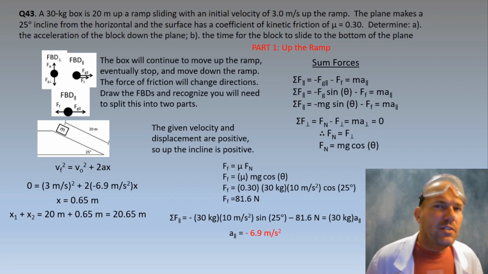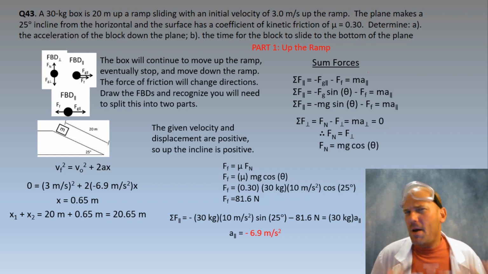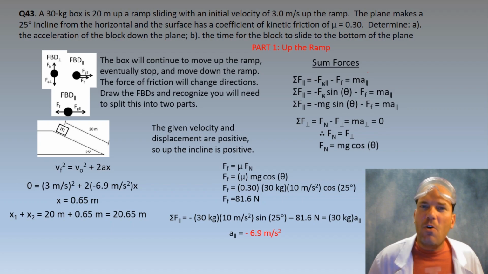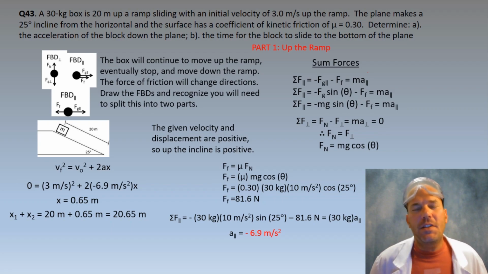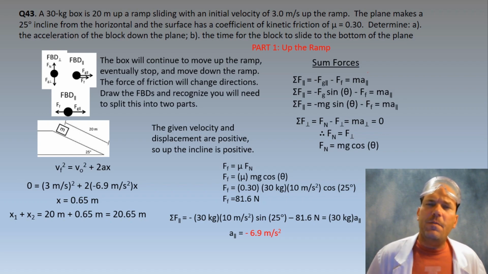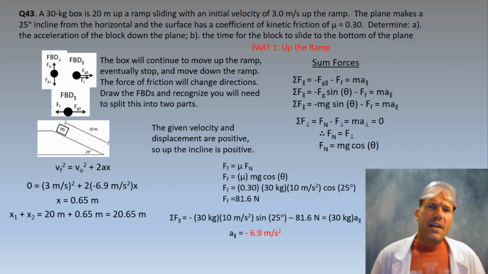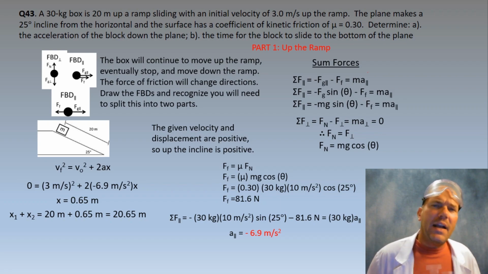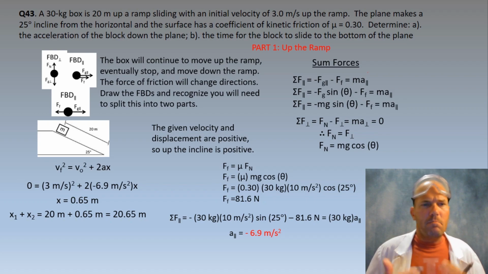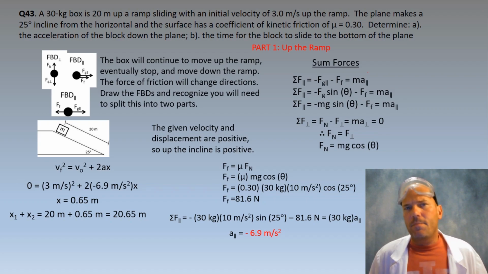And we know its initial velocity to be equal to a positive 3 meters per second. We also now know the acceleration down in parallel to the incline, which means we can solve for the change in position. And so this box will go an additional 0.65 meters up the incline.